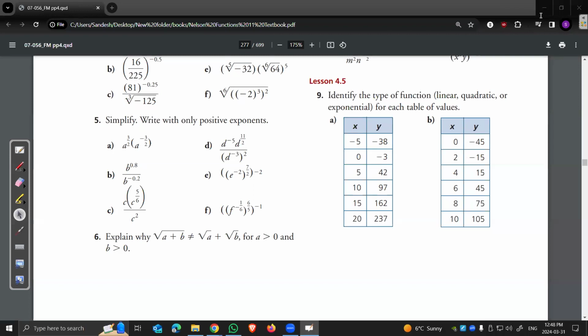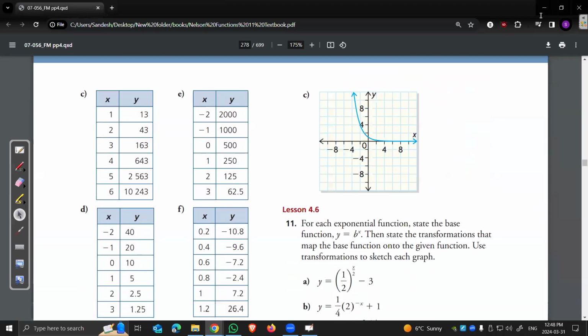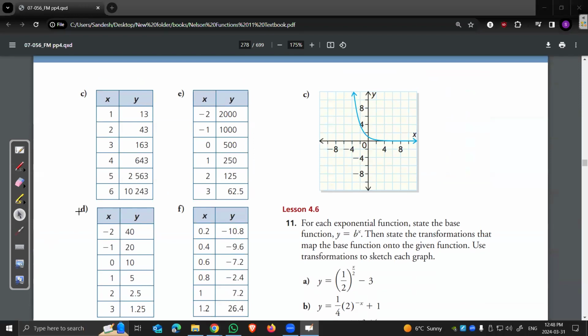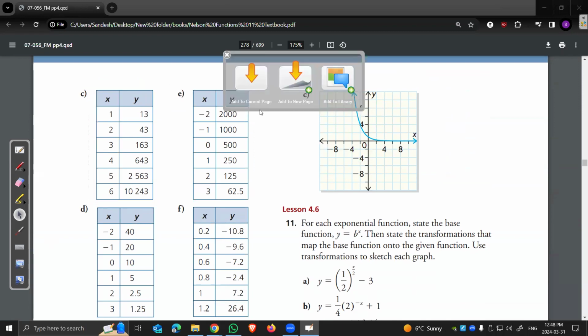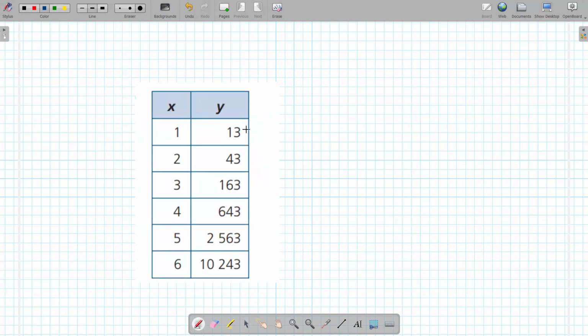So let's see here, if I can find one. Any of these would work, I think. Let me show you with this one. What's the difference between these two? 43 and 13.